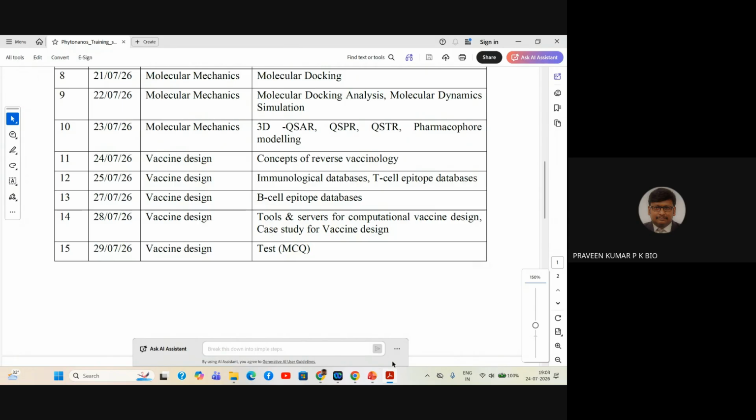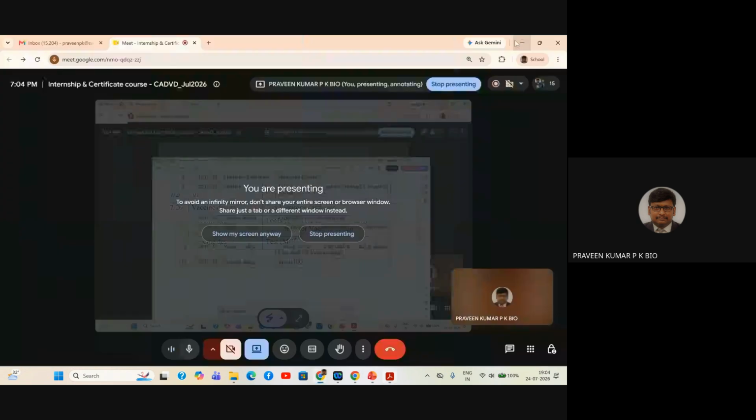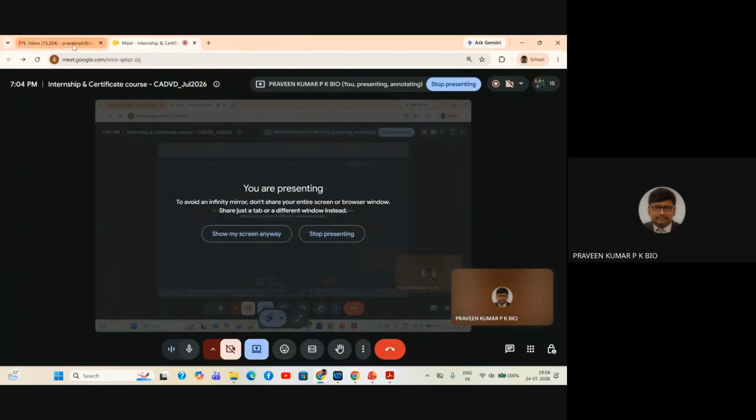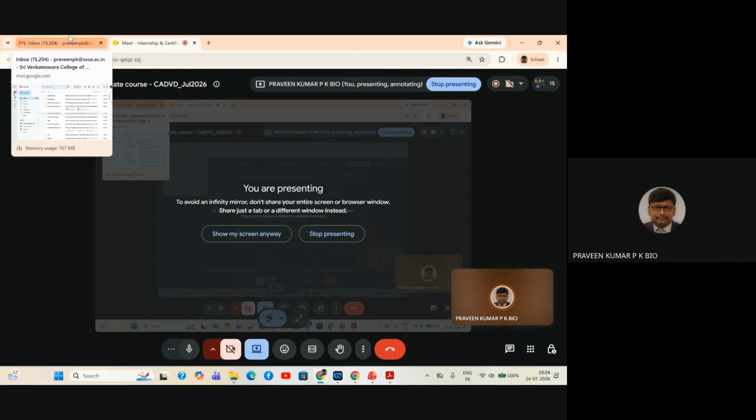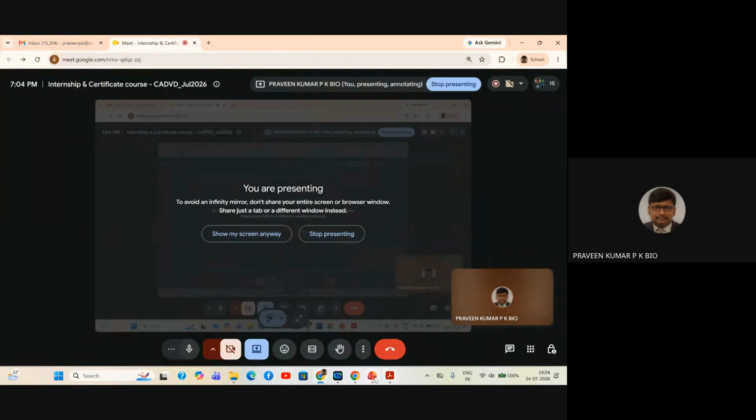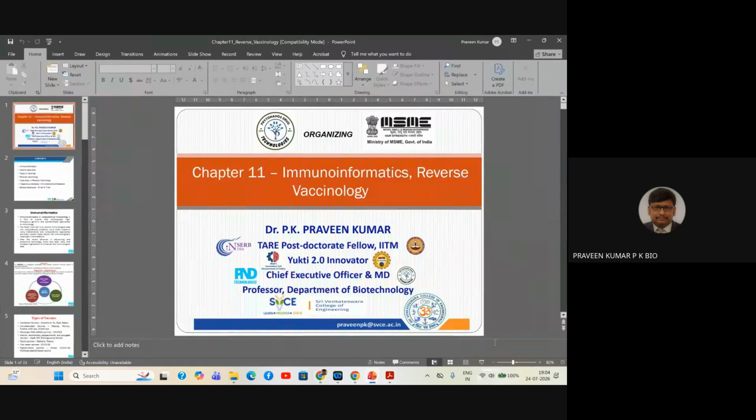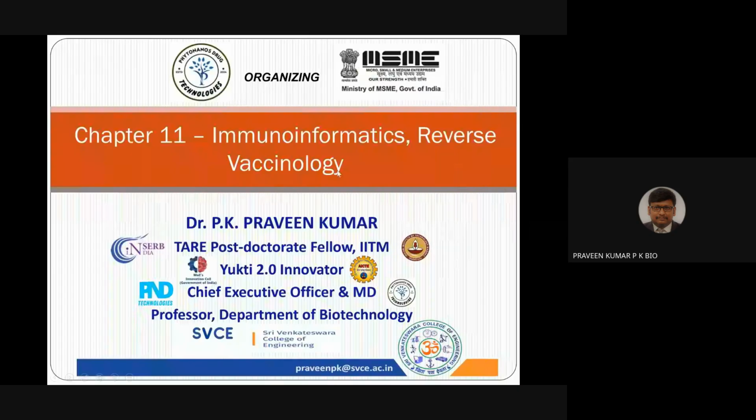Then we saw how to go with pharmacophore mapping using Form Mapper. I also showed you the results and how it looks in Form Mapper. Now let me take you to today's topic, immunoinformatics and reverse vaccinology.